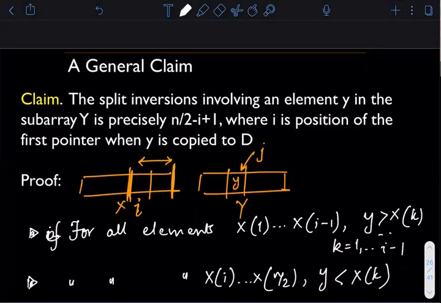But since x is sorted, all the elements after xi are even bigger than xi, which means that all of them are in turn bigger than y. And so y is involved in a split inversion with all of them. Okay, remember I made this simplifying assumption that I have distinct elements, but if it's equal, then that does not.